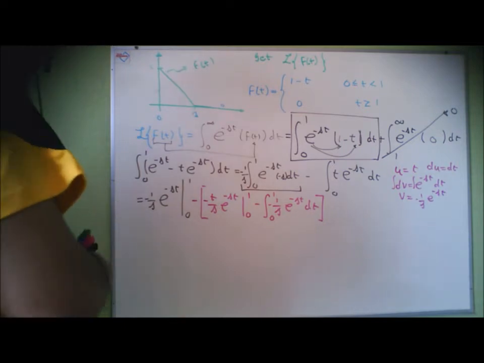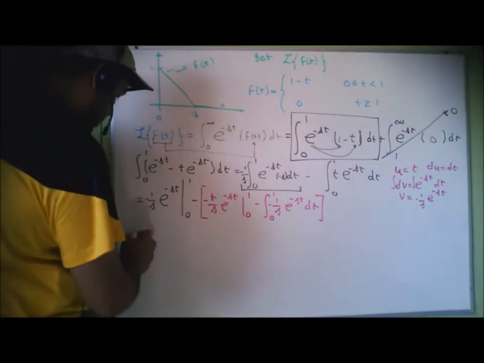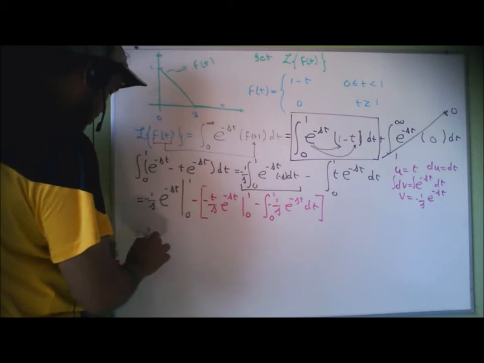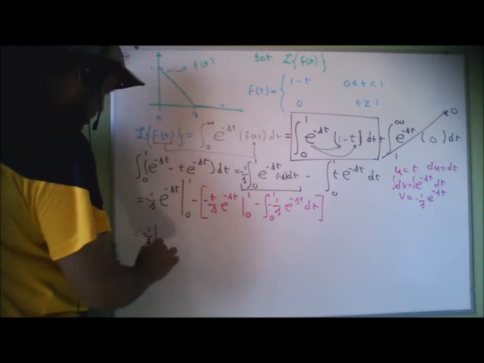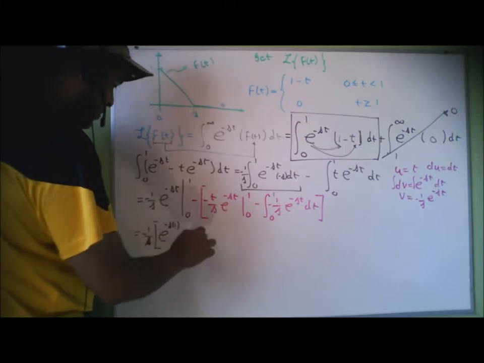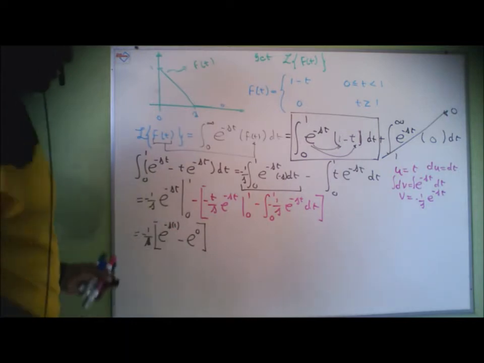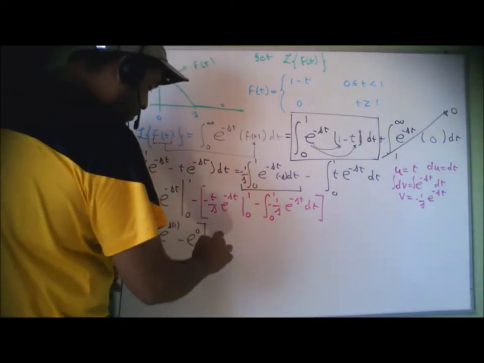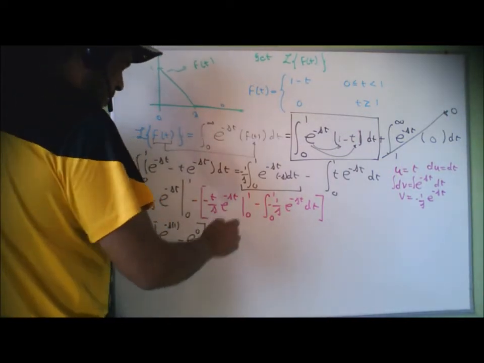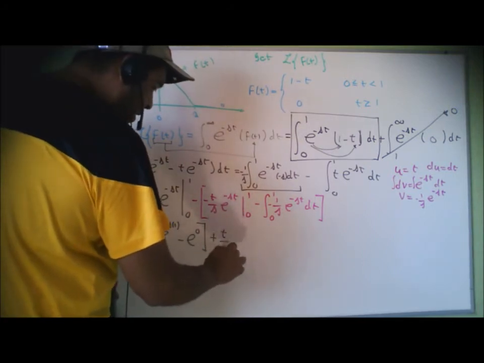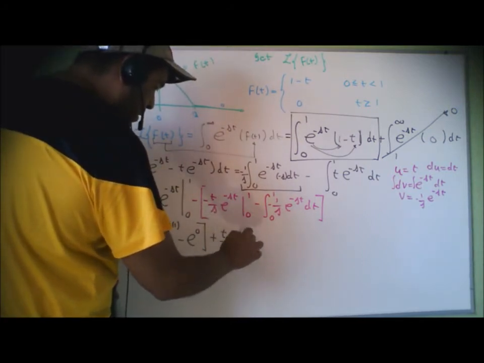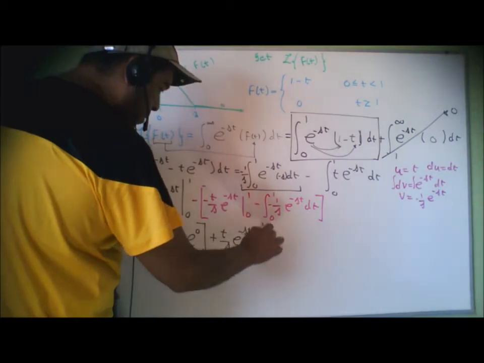Okay, so let's evaluate this integral. The upper limit minus the lower limit: minus 1 over s times e to the minus s times 1 minus e to the 0. Then minus times minus is positive, t over s e to the minus st from 0 to 1.